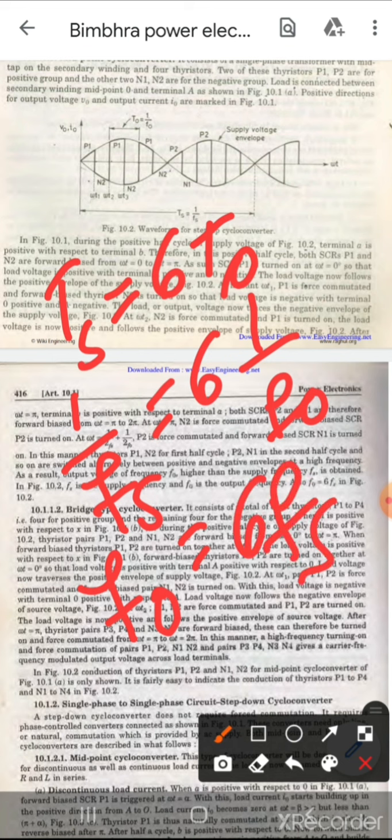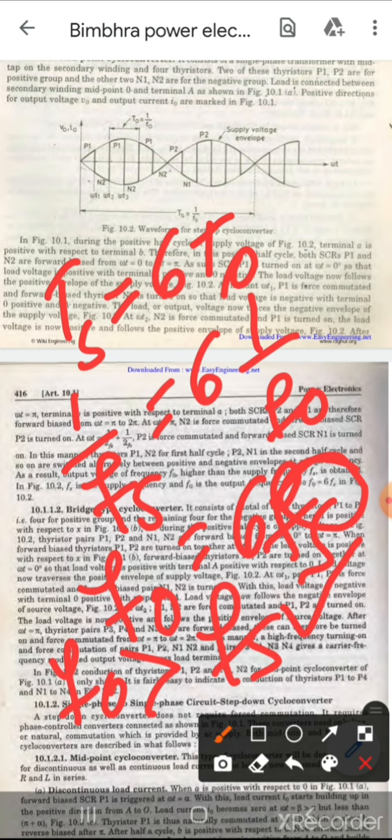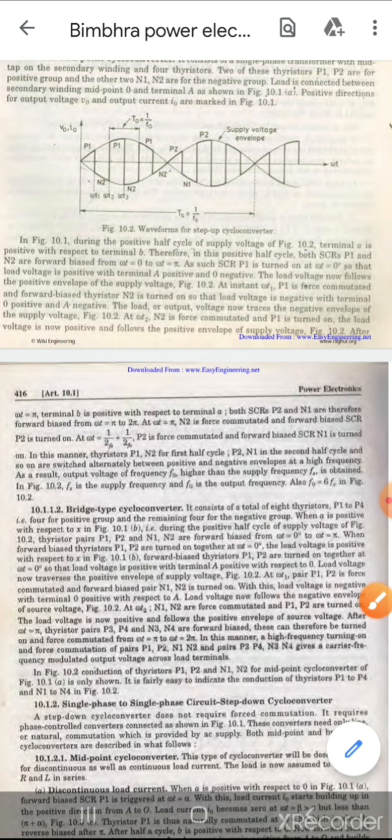Finally your F0 is equal to 6Fs, which is obviously greater than Fs. So F0 is greater than Fs. Here output frequency is greater than the supply frequency. This is your step-up cycloconverter. Okay. Thank you.